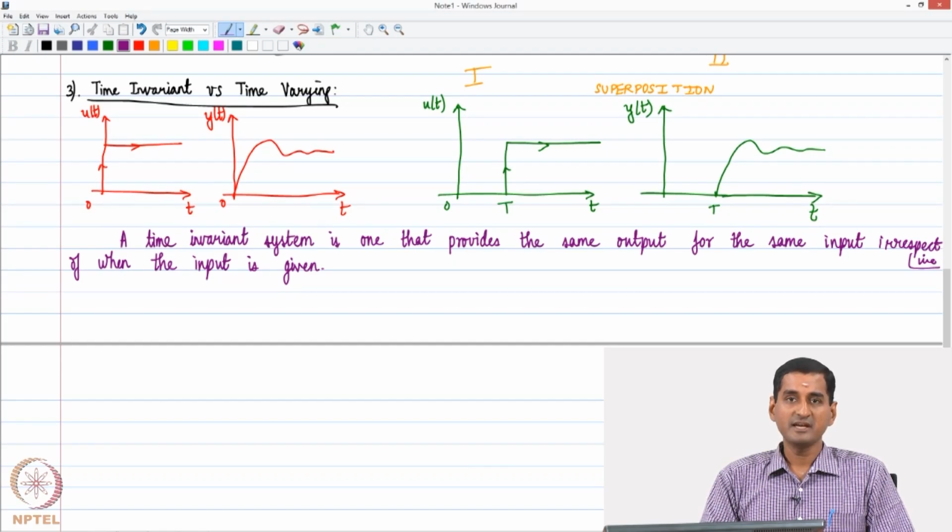Let us say I switch on the fan today and give some electrical input to the fan, and the speed of the fan is 100 RPM. I come tomorrow and switch on the same fan, provided the electrical input is the same. I would expect the speed to be close to 100 RPM once again.